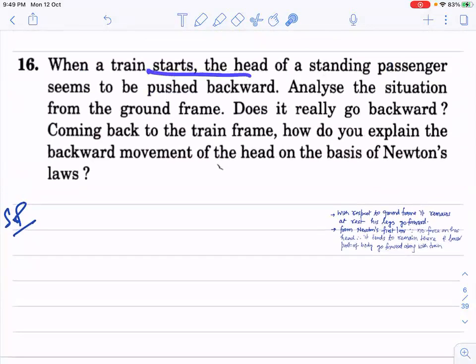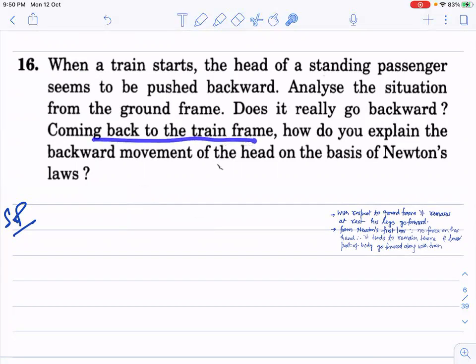When train starts, the head of the standing passenger seems to push backward. Analyze the situation for the ground frame. Does it really go backward? Answer is no. It tends to remain there, but his body goes forward. Legs go forward, the body goes forward.